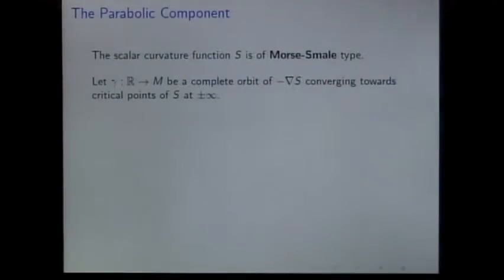So we assume that at minus infinity and at plus infinity, gamma converges towards critical points of the scalar curvature functional. Now, what we're going to do is look at the pullback of the tangent bundle on gamma.